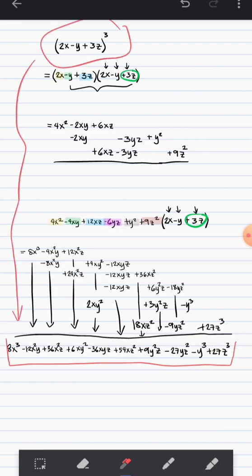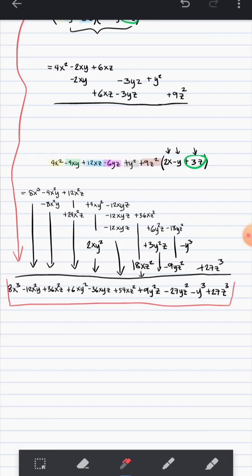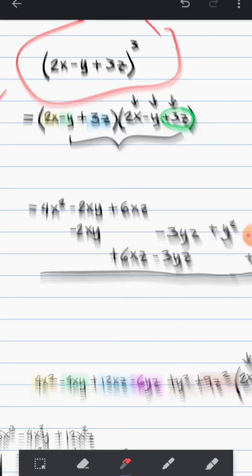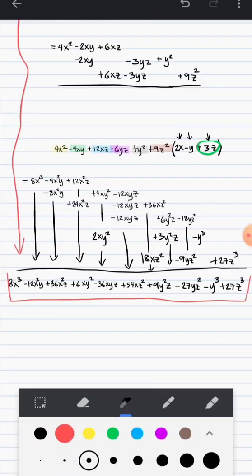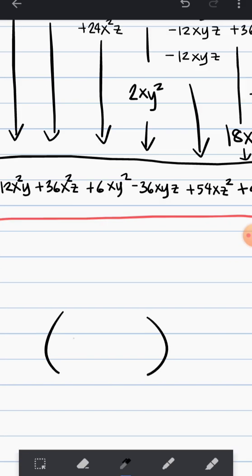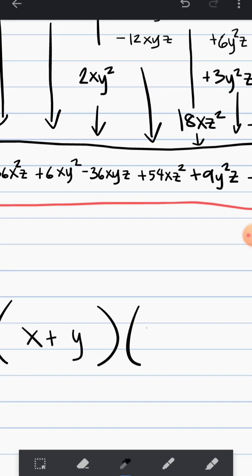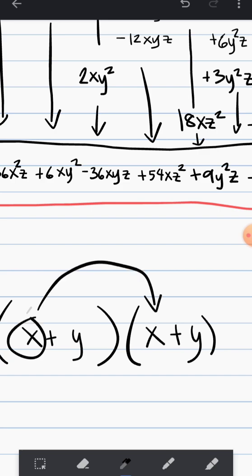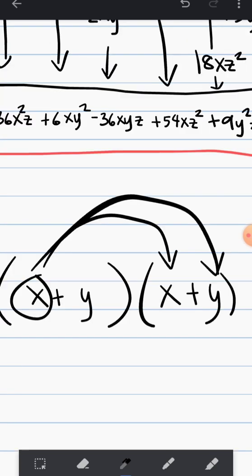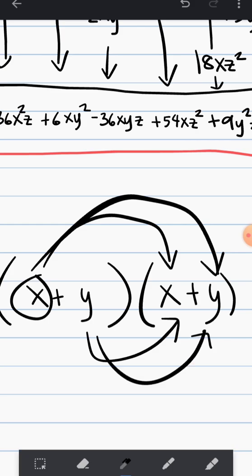So just a quick recap: when you multiply a polynomial by another polynomial, you just have to distribute each term. When I have x plus y here and x plus y here, for instance, I distribute x to each term, and then y to each term.